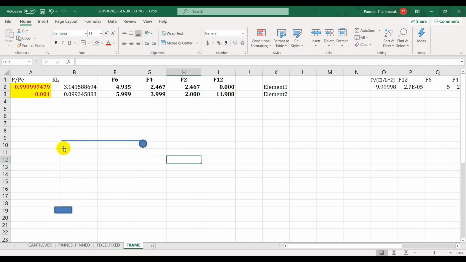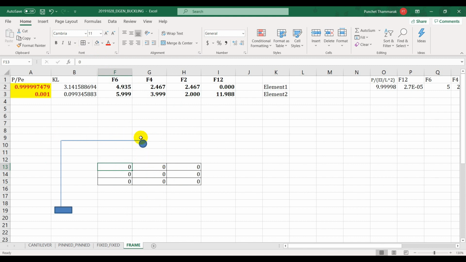So this one contributes in degree of freedom in X and rotation. This one contributes in rotation here and rotation there. So in total we have 1, 2 and 3 degrees of freedom. 3 degree of freedom system, we set up the stiffness matrix. So let's start with the first one here.